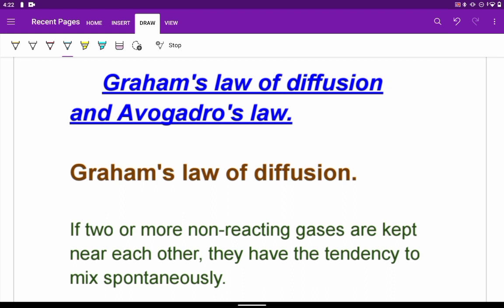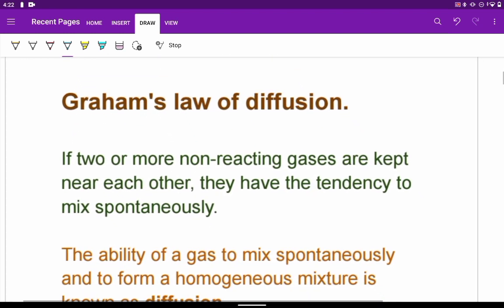Regarding this, one law has been given, that is Graham's law of diffusion. This law states that if there are two or more non-reacting gases, so the gases should not react. If they react, they will produce a new product, so there we cannot define the process of diffusion. So it is stated that the gases are non-reacting.